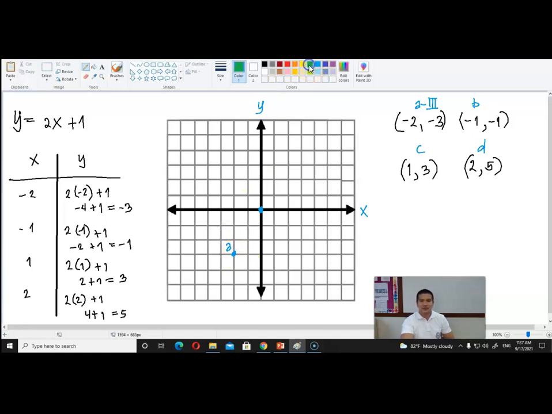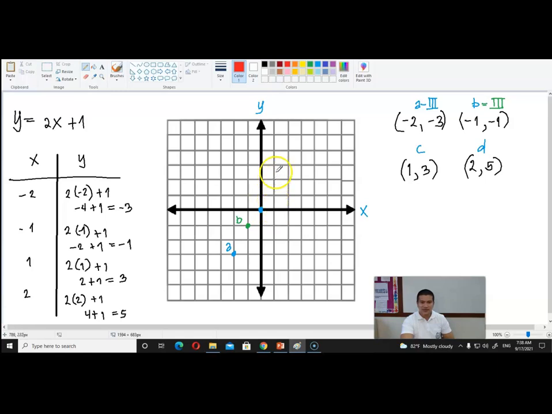Next, where can we find our point B? It is negative 1 and negative 1, so this one is still in quadrant 3. This one is point B. How about our point C? C is positive and positive, so we have 1 and 3.